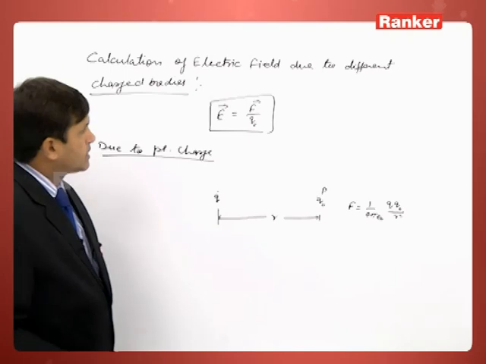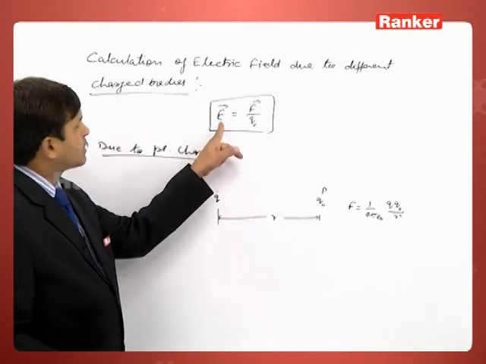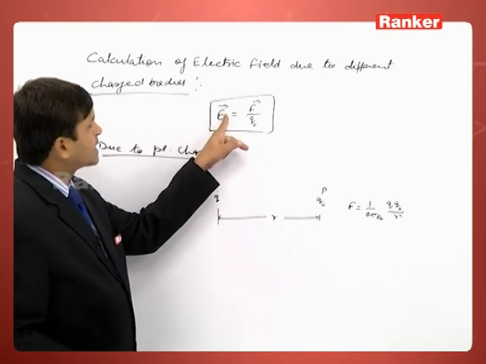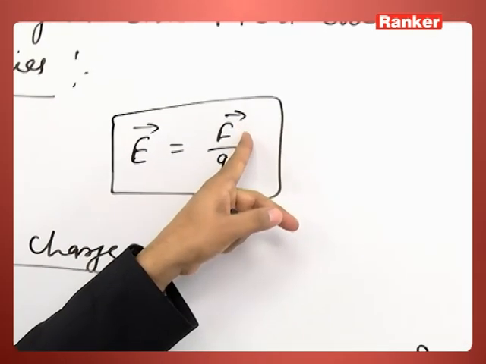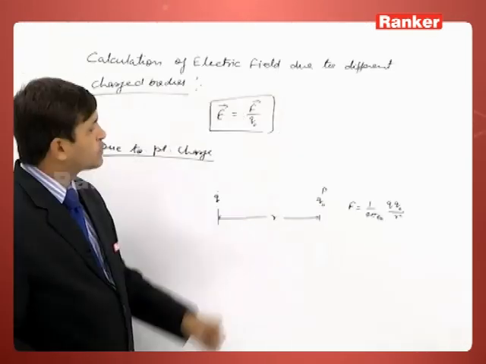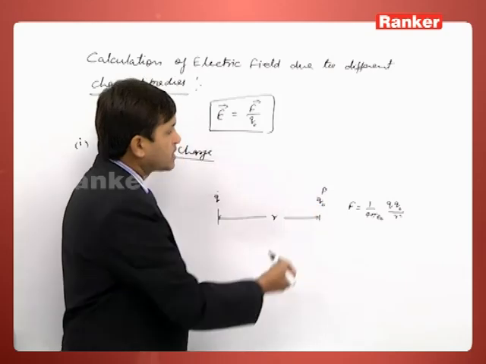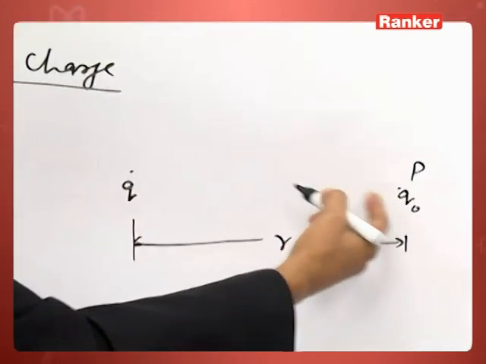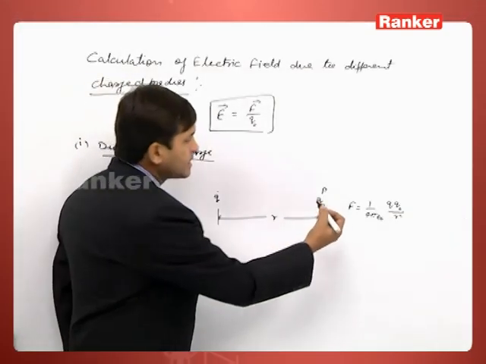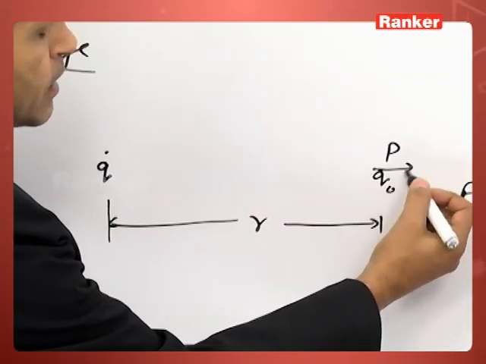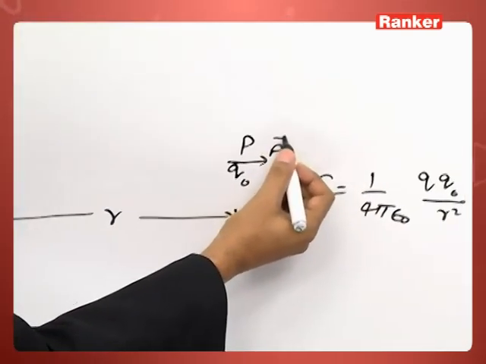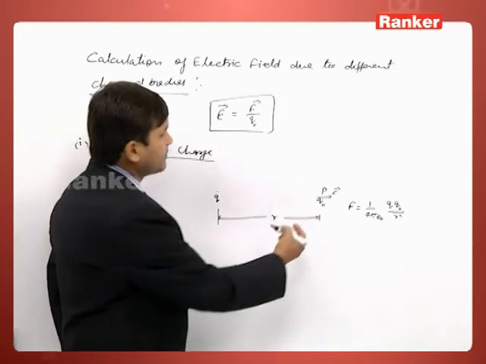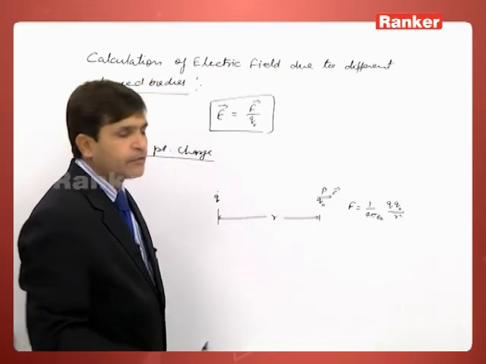And regarding direction, as we saw, electric field direction is the same as the direction of force on a positive test charge. This is your positive test charge, and both being positive, there is a force of repulsion. So, the direction of force on the test charge is this, and the direction of electric field will be the same as the direction of force.